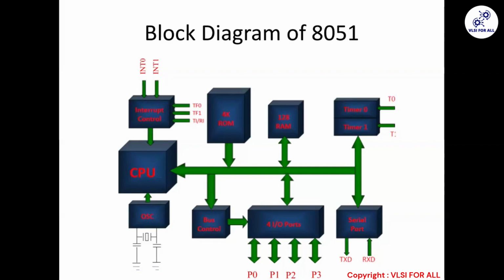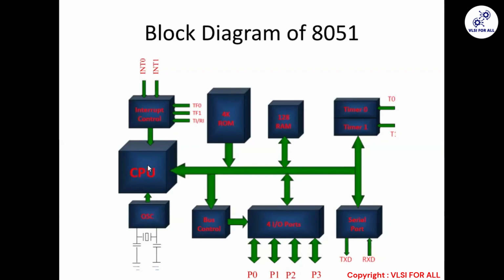Here this green flowing bus is the bus for us. You can call it the address or data bus. This bus is connected to the CPU from all these blocks. Sometimes it is bidirectional, and in some cases it is unidirectional.